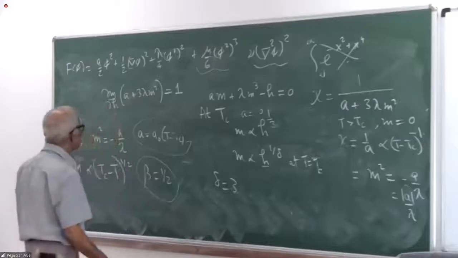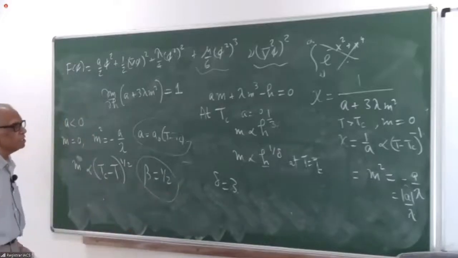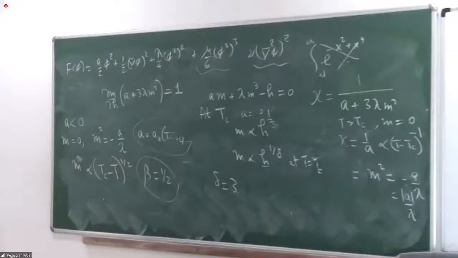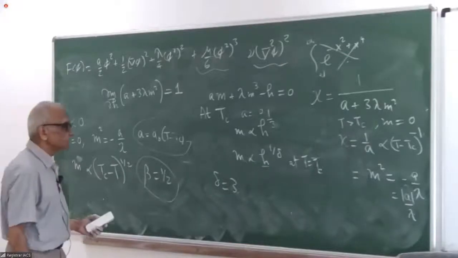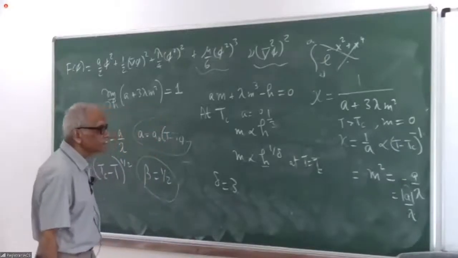So I have got my beta, I have got my gamma, and I have got a delta. I don't have alpha, which is the specific heat exponent.